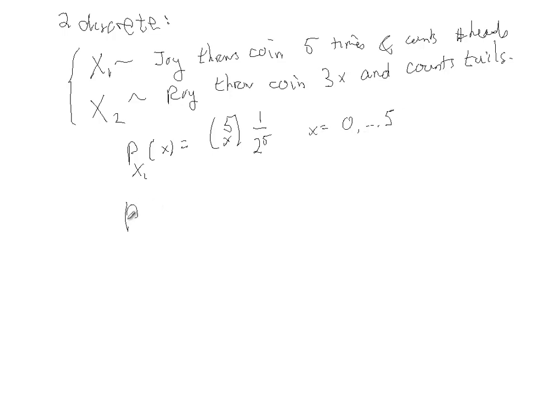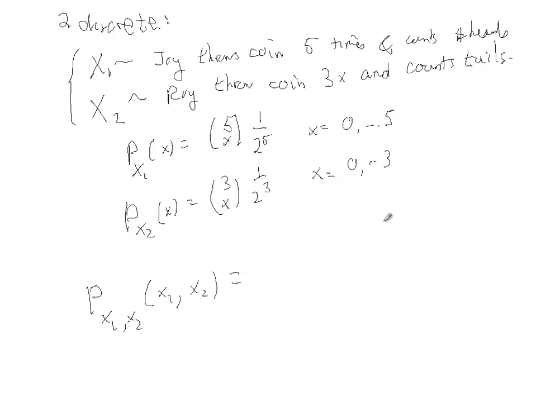And the probability of X2 is just going to be 3 choose x, I'm using the same variable x, it really doesn't matter, times 1/2^3. Now, what's the probability of X1 and X2?